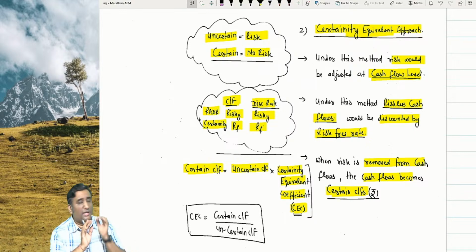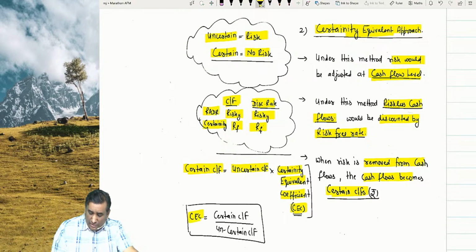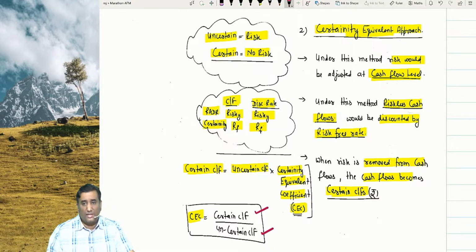Let's suppose there is a probability, it's uncertain. If there is a confirmation, that would be a smaller amount. That's certainty. How do we calculate the certainty equivalent, sir? It's basically whatever is the certain amount divided by the uncertain amount. Uncertain is 100 and certain is, let's suppose, 90. That factor becomes 0.9, and that is basically what he will give you in the question.